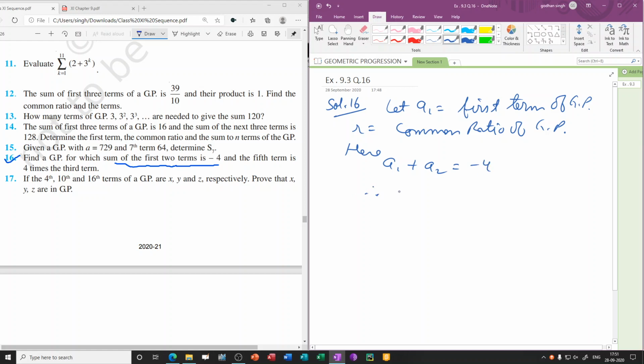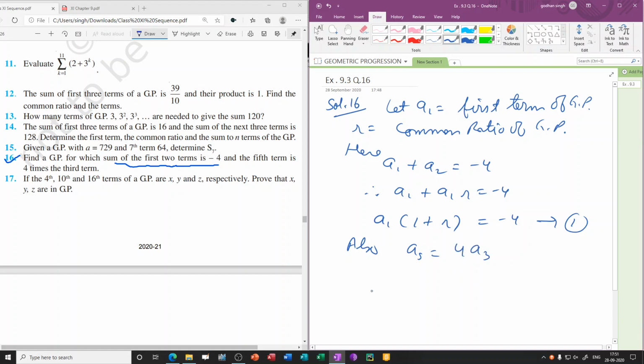Therefore, we can write A1 plus A1R equal to minus 4, or we can take out A1 common, A1 into 1 plus R is equal to minus 4, and let this be equation number 1. And it says that the fifth term is 4 times the third term. Also, A5 is the fifth term, that is 4 times third term, so 4 into A3.